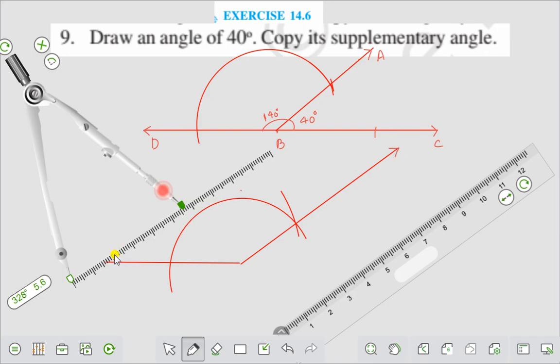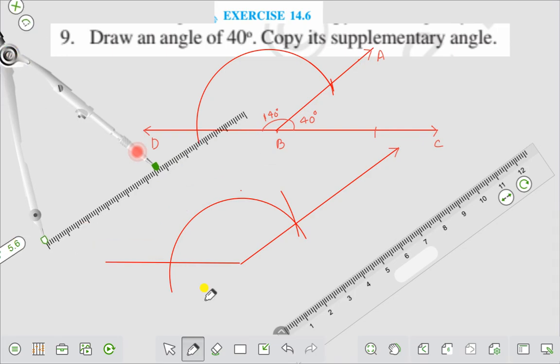Here give another arrow, and give another arrow here, and give the name E. This is F and this is G. If you measure this angle, it will get exactly 140 degree. That means we have made the supplementary angle of angle ABC, right?